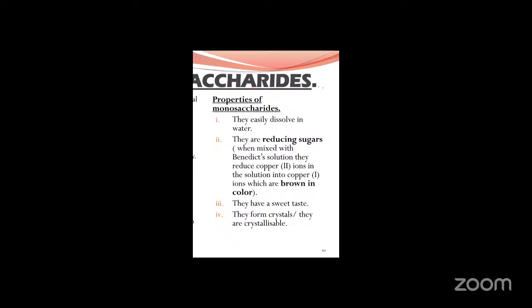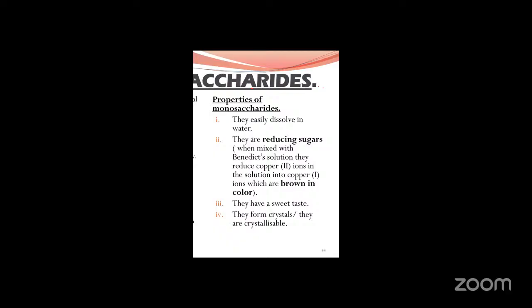The following are easy ways of knowing whether something is a monosaccharide or not. The first test that you're supposed to carry is the solubility test. So whatever you have been given, dissolve it in water. And if it dissolves in water, then there's a high likelihood that that is a monosaccharide.